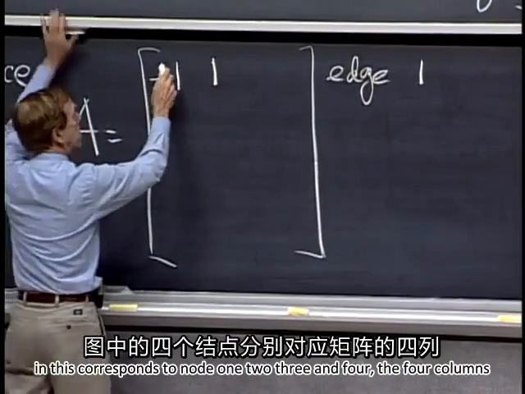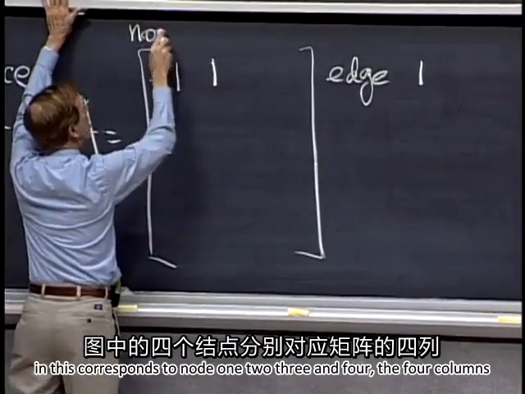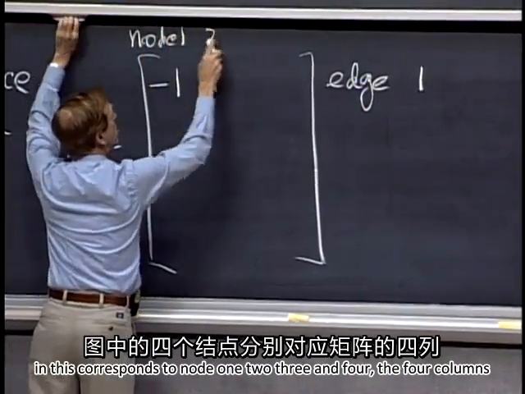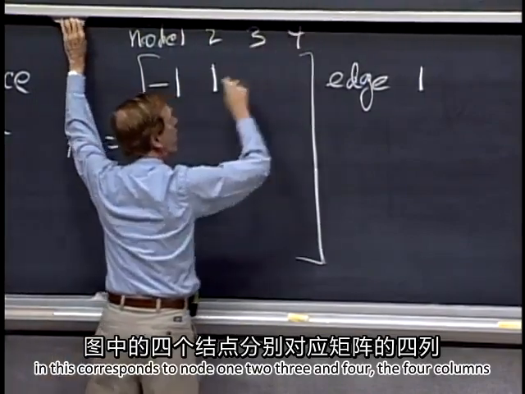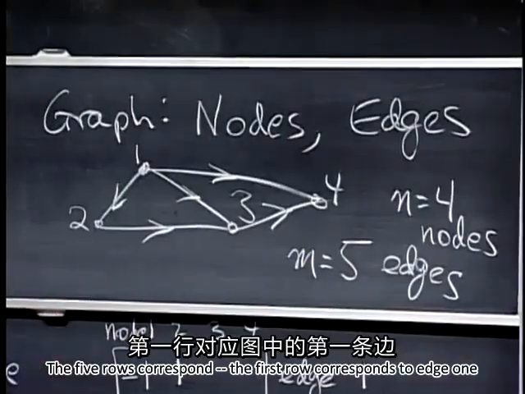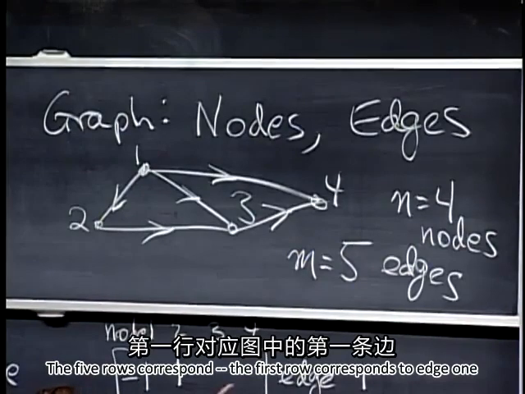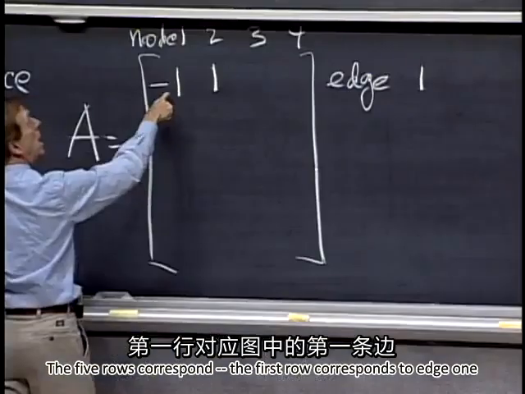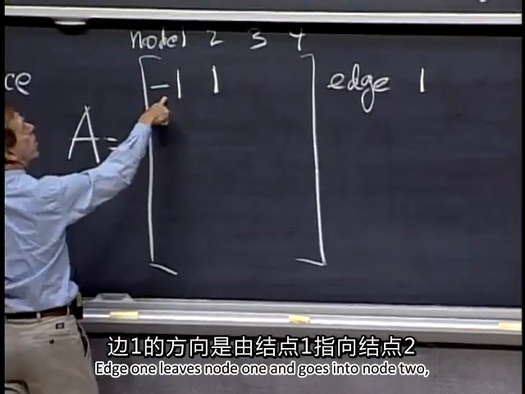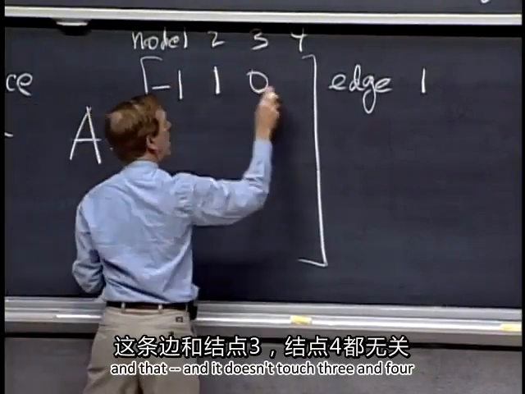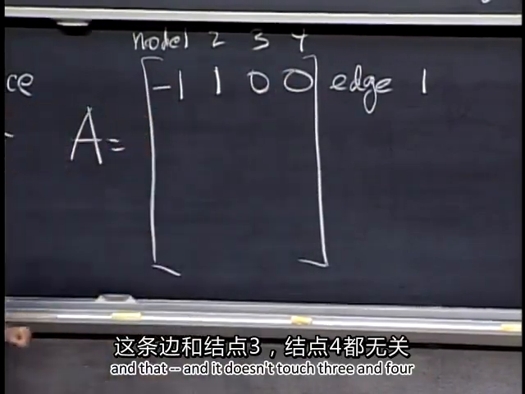This corresponds to node 1, 2, 3, and 4, the 4 columns. The 5 rows correspond, the first row corresponds to edge 1. Edge 1 leaves node 1 and goes into node 2, and it doesn't touch 3 and 4.